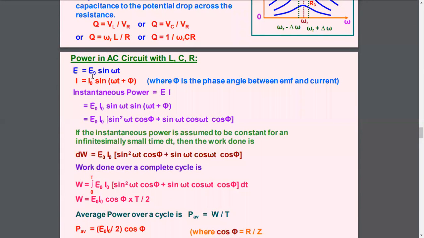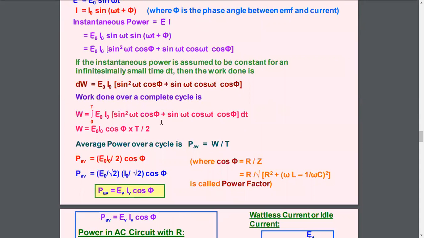So far we have just discussed power across an LCR circuit, and we have derived the average power for the LCR circuit in the form of RMS voltage, RMS current and power factor cos phi.